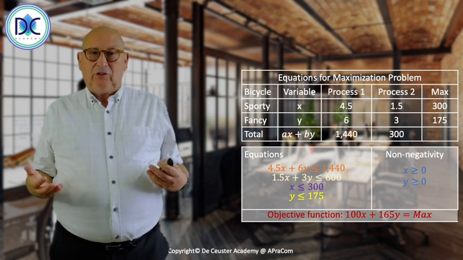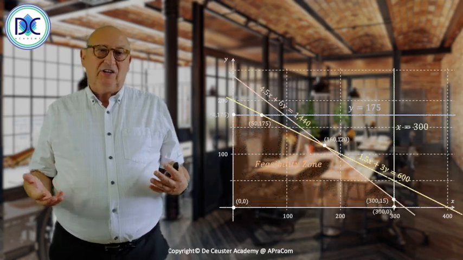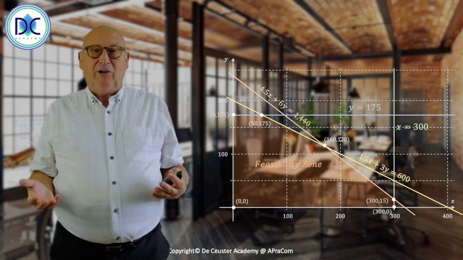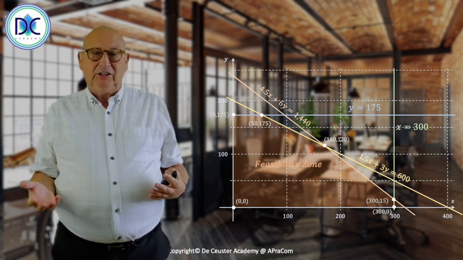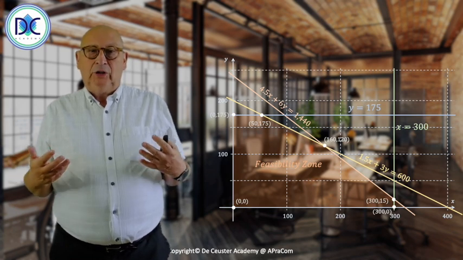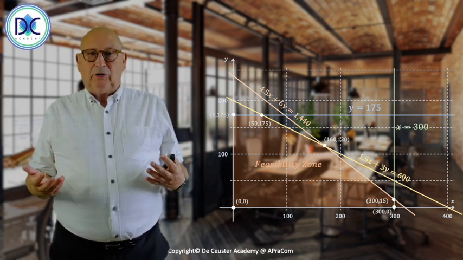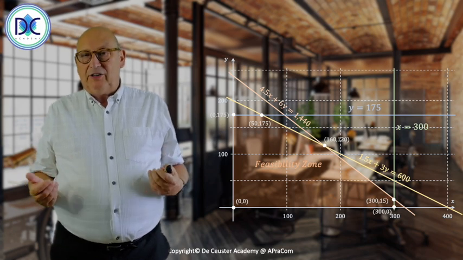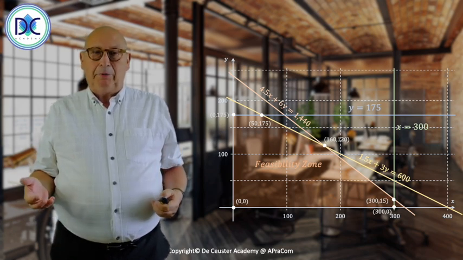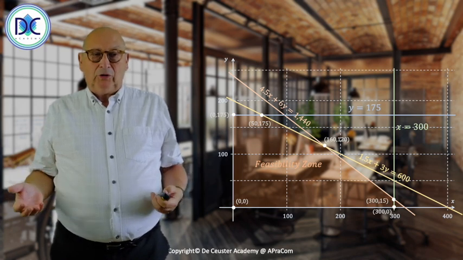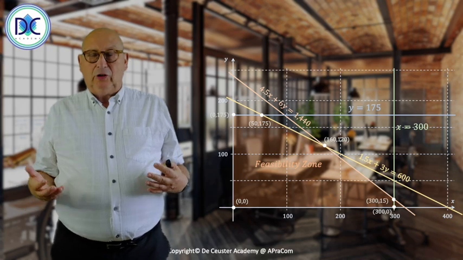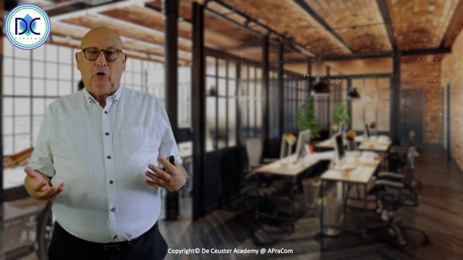Then we looked at the graphical solution. We put all those equations into an x and y graph when we have a two-dimensional problem, and we find what we call a feasibility zone, where all the points of the feasibility zone comply with all the linear inequalities that describe our problem. We also have a solution here when we look at the corner point methods.